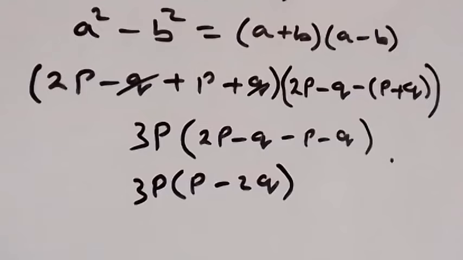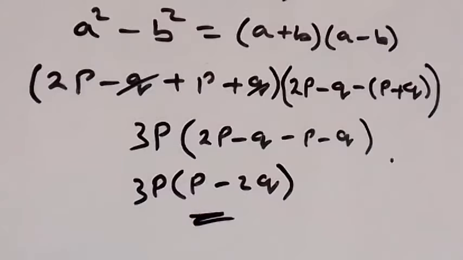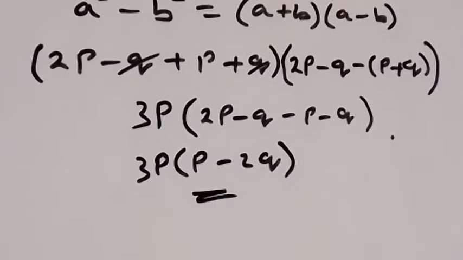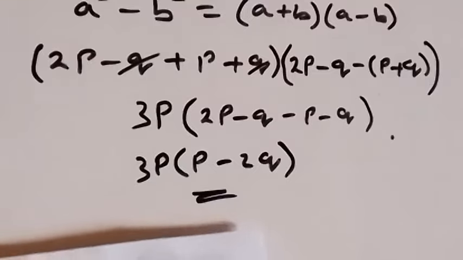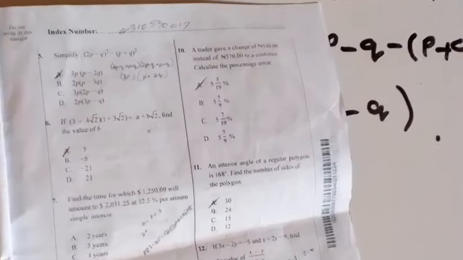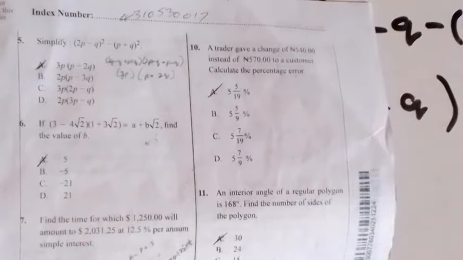In the second bracket, we have p minus 2q. So we have 3p times (p minus 2q), and that's the simplified form of what we are given. When we check the options, we discover that the correct option to this problem is option A, which is 3p(p minus 2q).